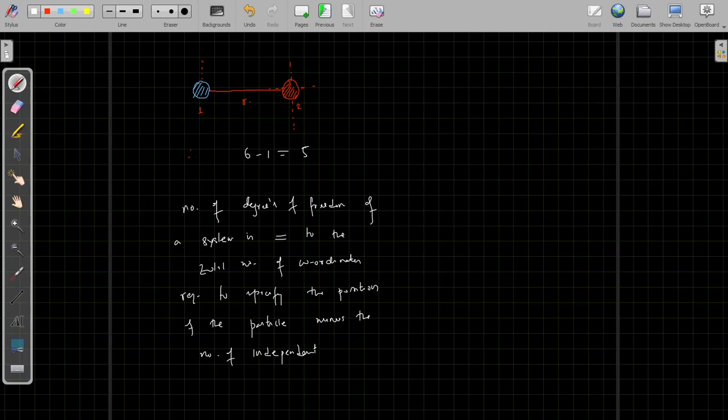Remember, we are using relation here. This is one relation. The number of independent relations existing between the particles.